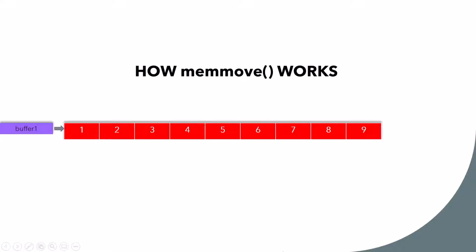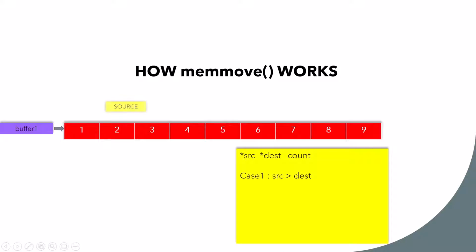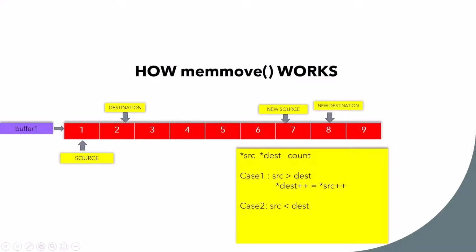How does memmove work? We know memmove also has got 3 arguments, but memmove evaluates. So if source is greater than destination, which could be something like this, where you have source there and destination before it, then memmove uses this formula, if you like, for this instruction. Otherwise, if source is less than destination, which means you could have something like that, where now we have source before destination, then memmove will recompute the source and destination.